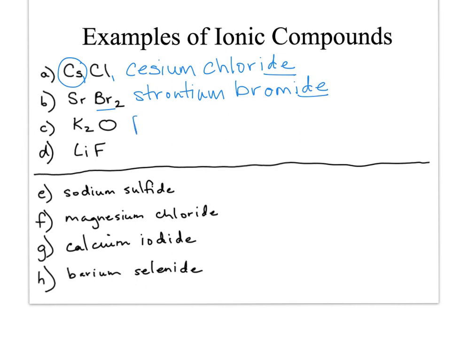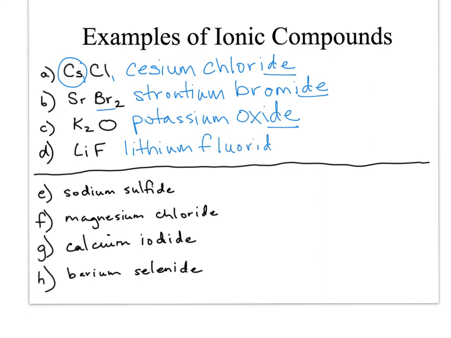K stands for potassium, so I write out the full name, and O stands for oxygen, which is my nonmetal, so I change it from oxygen to oxide. And then my last one, Li, stands for lithium, and fluorine is the nonmetal, and that becomes fluoride, so lithium fluoride.